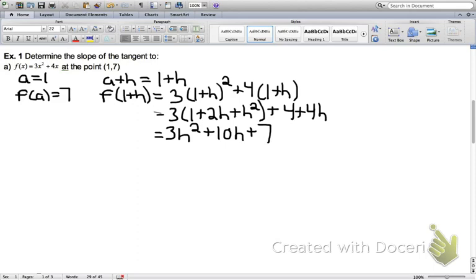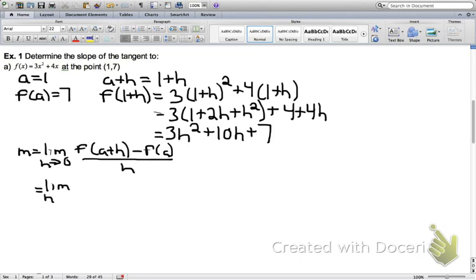So as shown above, when we had our general form to find our slope of our tangent, recall that m is equal to the limit as h approaches 0 of f at A plus h minus f at A all over h. So we can sub in each of these values now. Remember, we're always looking at the limit as h approaches 0 when we're talking about the slope of a tangent.